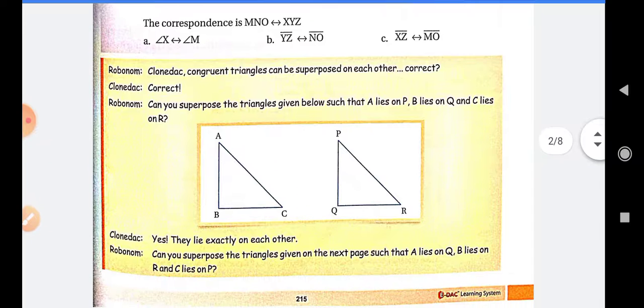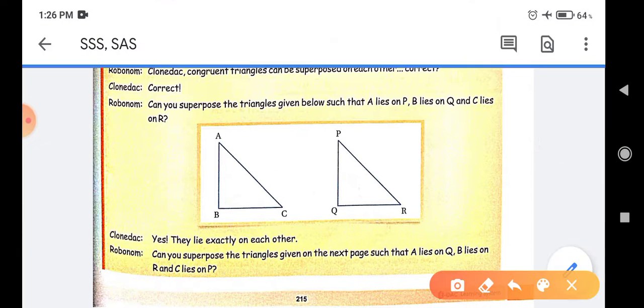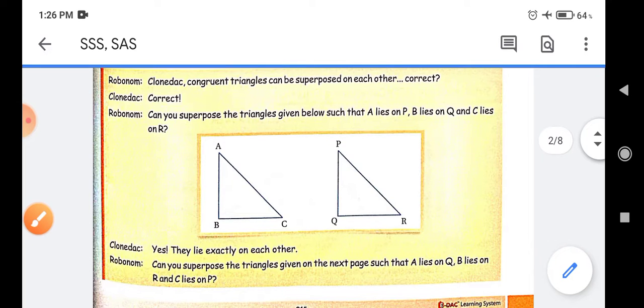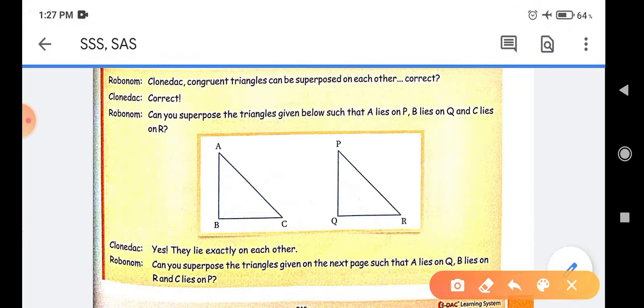Next, there is a conversation between Robonom and Klonedek. Robonom says, Klonedek, congruent triangles can be superposed on each other, correct? Klonedek says, correct. Can you superpose the triangles given below such that A lies on P, B lies on Q and C lies on R? Yes, they can be superposed on each other.